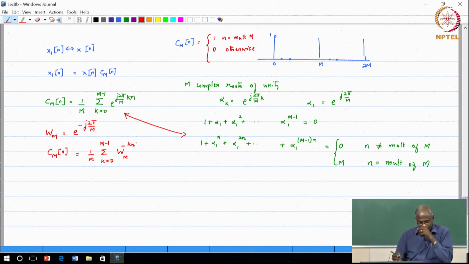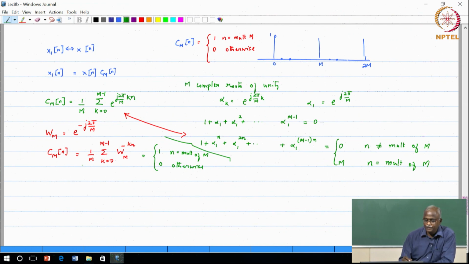Because of the definition of Wm, there is a minus sign that comes in the exponent. And this you can verify, this is equal to 1 if n is a multiple of m and equal to 0 otherwise. So this is the comb sequence, a very compact representation.